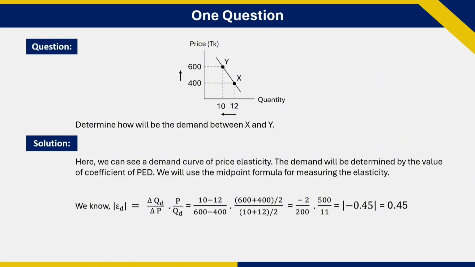P is the average of the price, that is 600 plus 400 divided by 2, and QD is the average of the quantity, that is 10 plus 12 divided by 2. After calculating, the result is 0.45. As the coefficient is less than 1, the demand between X and Y will be inelastic.